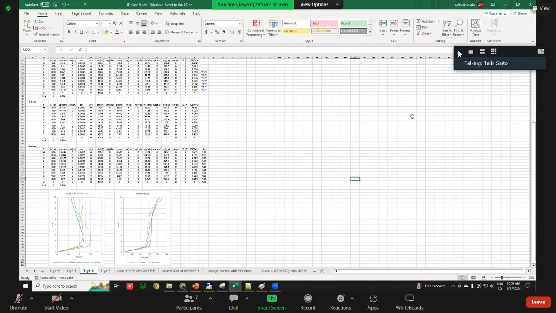Let's make the story simple. First, have a coupling beam with metallic damper only, and you have a story distribution. Right? And you can obtain the same result by capacity spectrum method or displacement-based design.